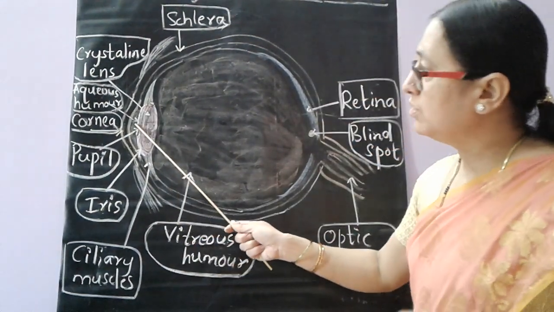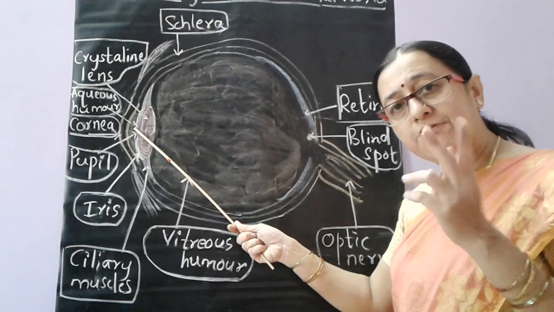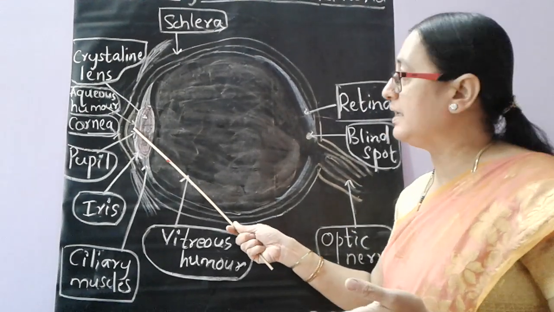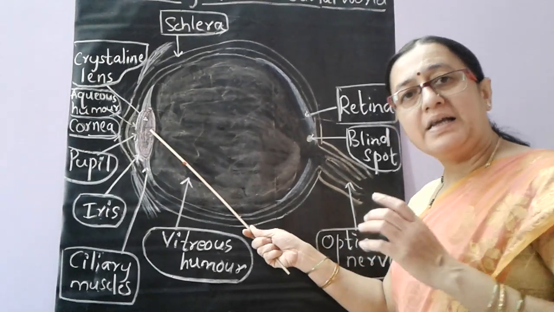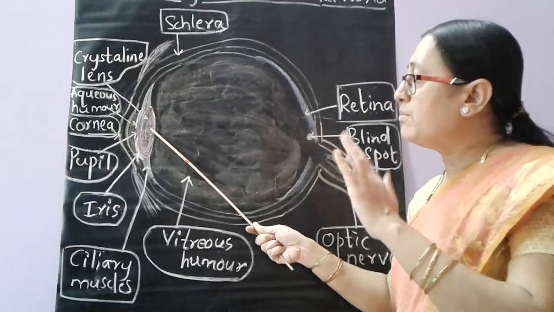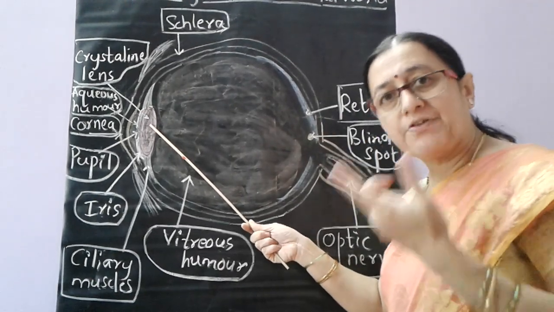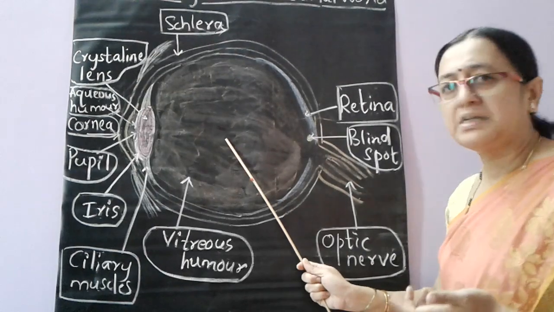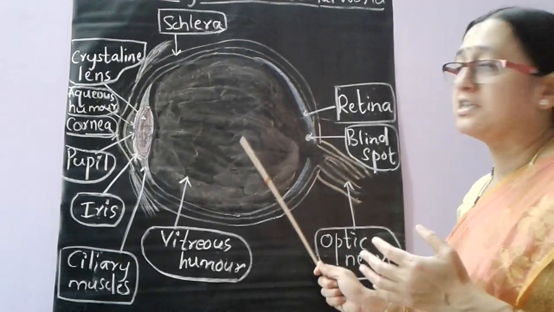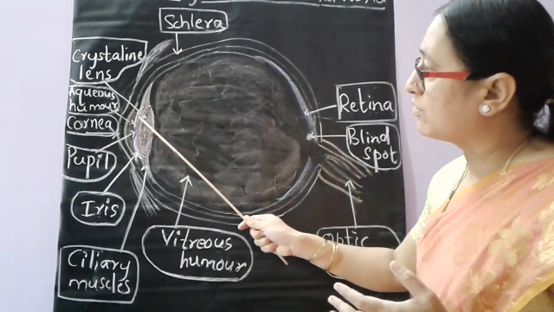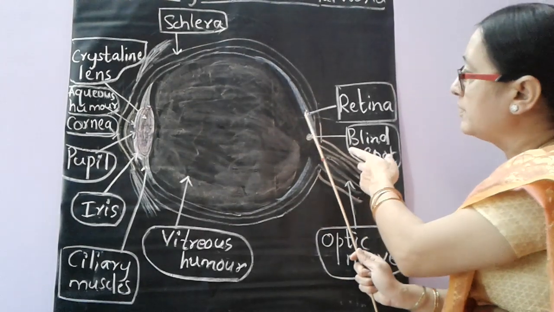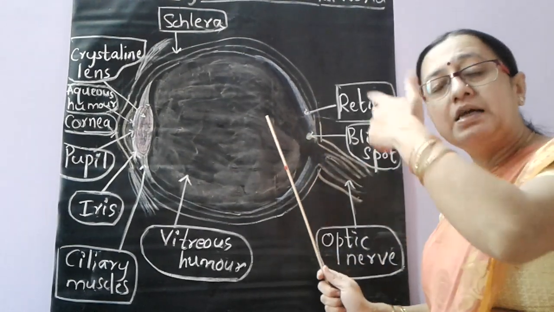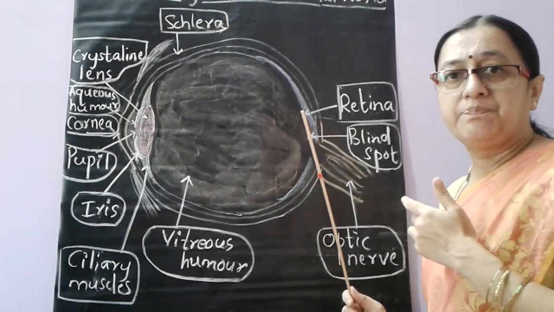It enters through the aqueous humor, which has a different density, and refraction takes place again. Again it enters the lens, a medium of different density, and refraction takes place again. The 4th refraction takes place through the vitreous humor, and because it's a convex lens, the image formed on the retina is inverted and real.